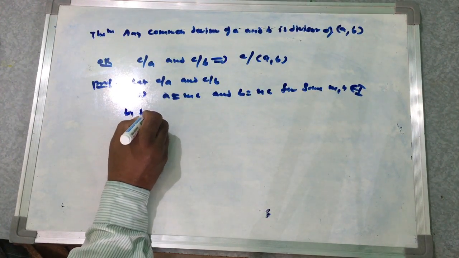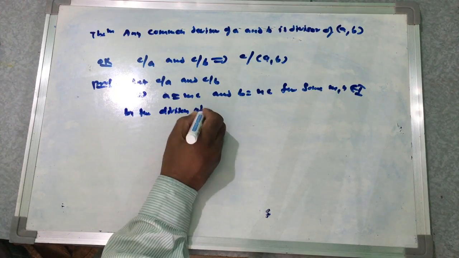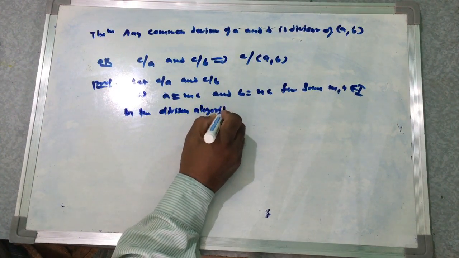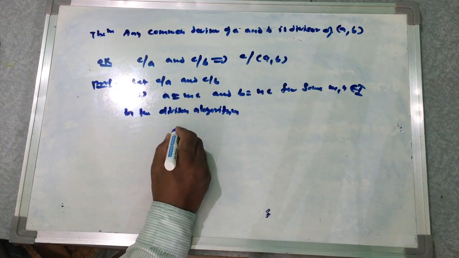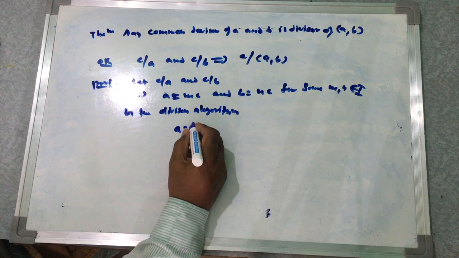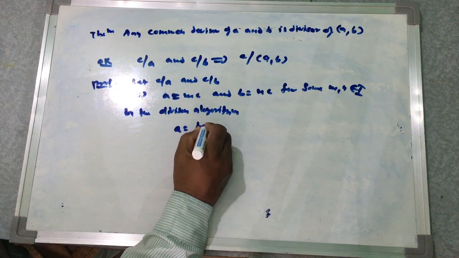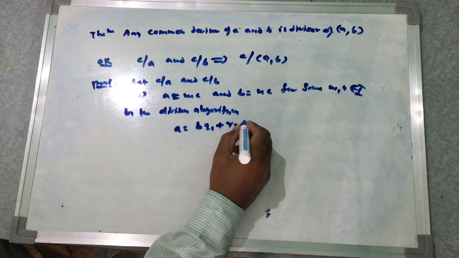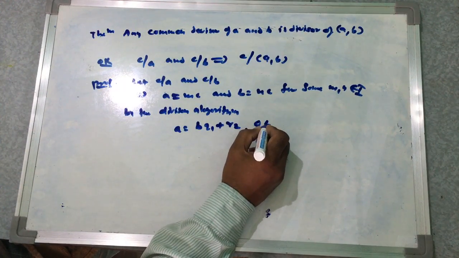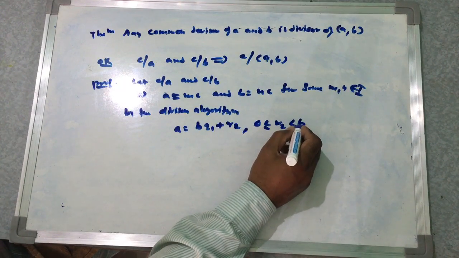Now by the division algorithm, a is equal to bq1 plus r2, where 0 is less than or equal to r2 less than b.